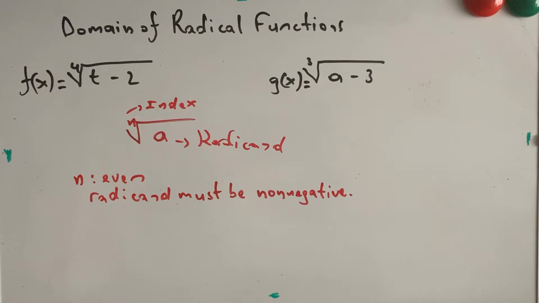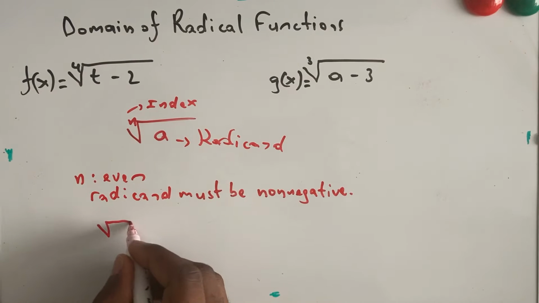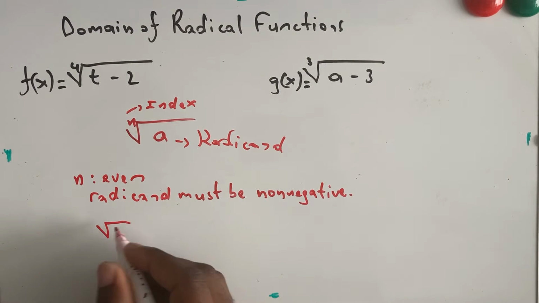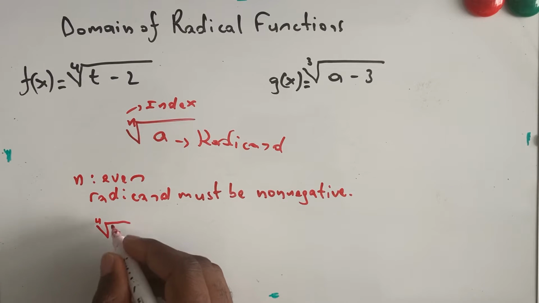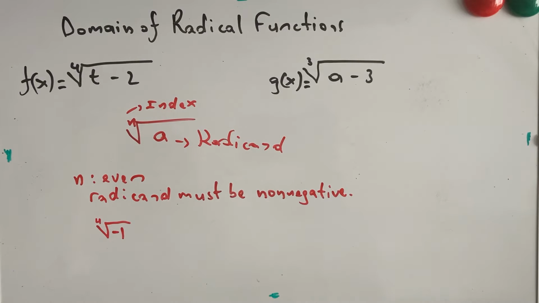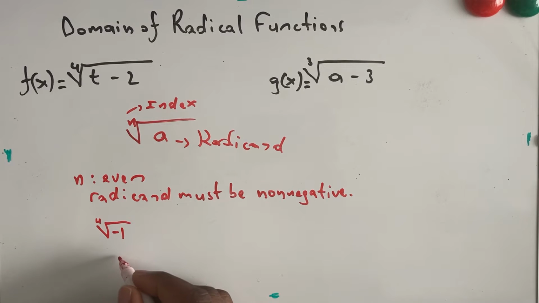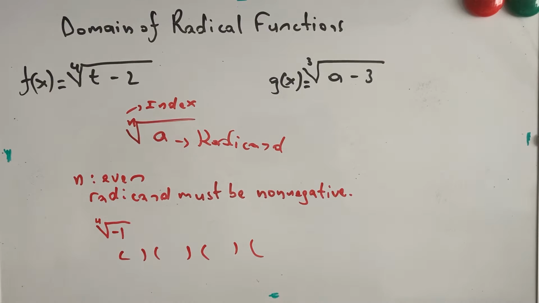If you have a calculator, you may try to get the square root, in which case n will be even because it's a 2, or even the fourth root of -1, for example. Okay, it will give you an error. Why? Because there's no way you can multiply a number by itself 4 times to get -1.